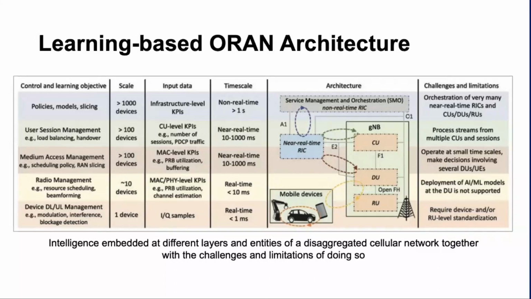Okay. So, of course, each of these control and learning objectives might have other challenges and limitations that you may want to explore later on if you want to do some research in this particular field.